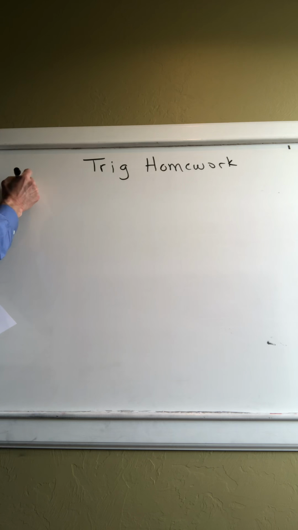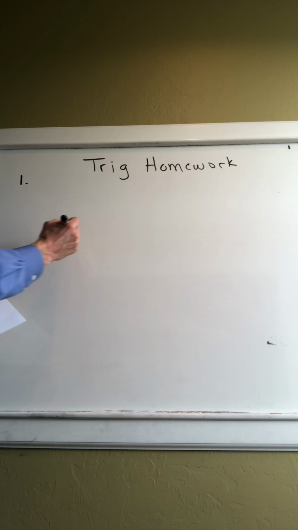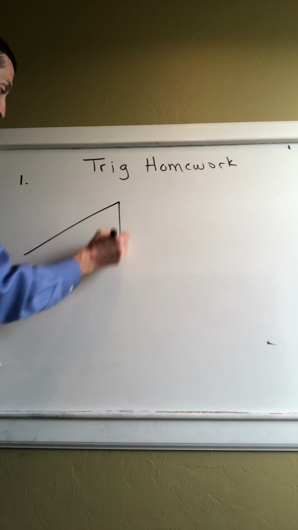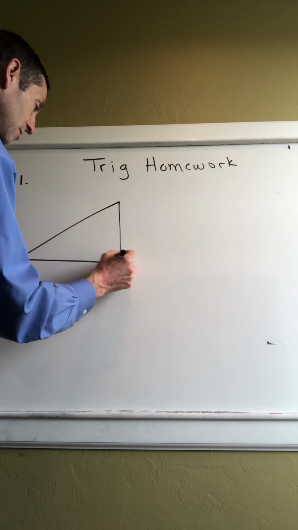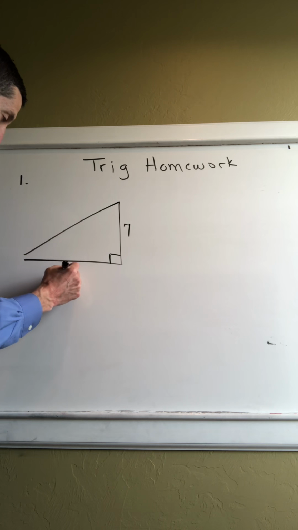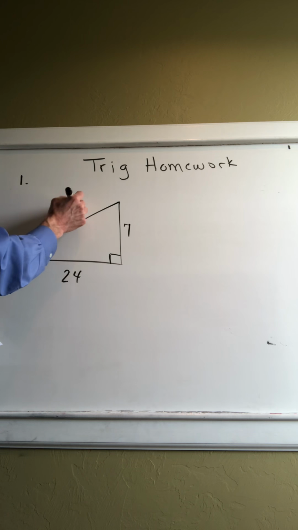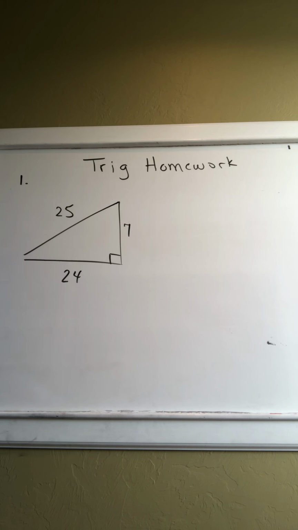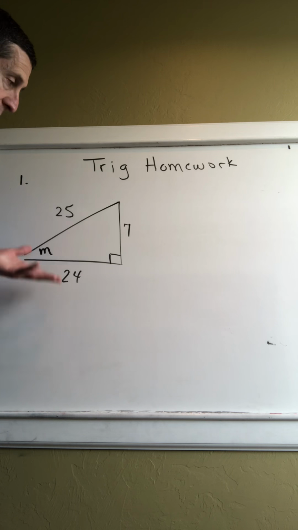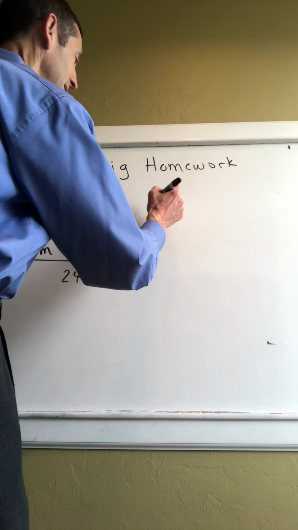So here is number 1. We got 7, 24, 25. And I'm going to give you angle M. So based on angle M, you got to label all 3 sides correctly. And then you got to run it.